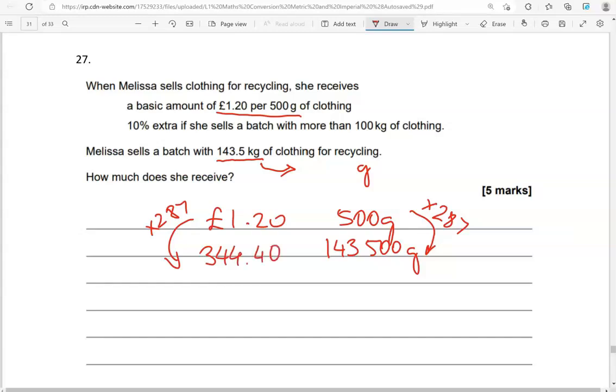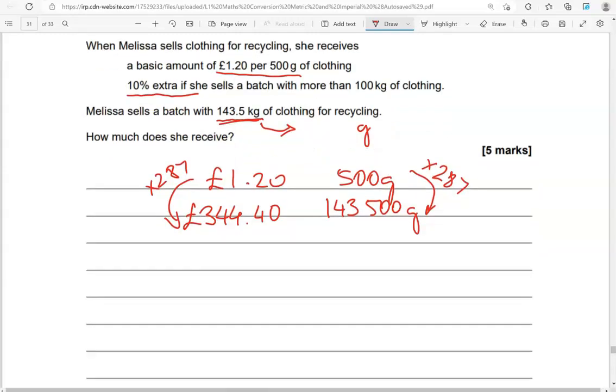And since this is money, that is £344.40. She gets 10% extra if she sells a batch with more than 100 kilograms, which is the case here. So what we're going to do is work out 10% of 344.4.